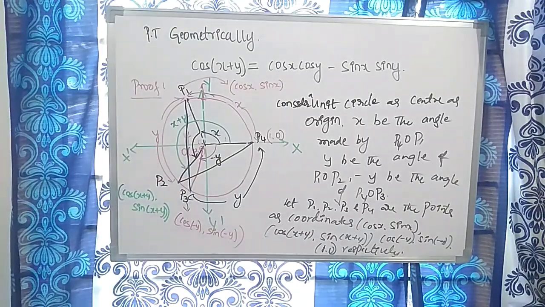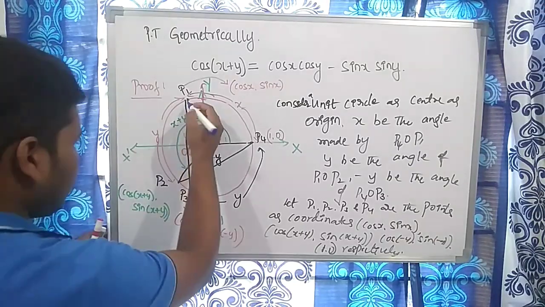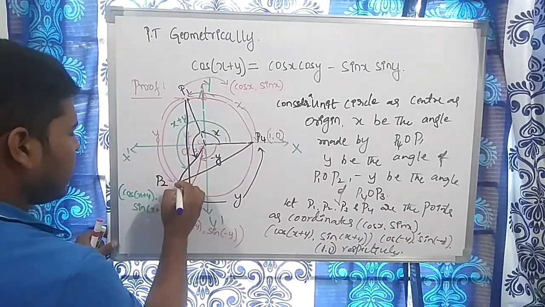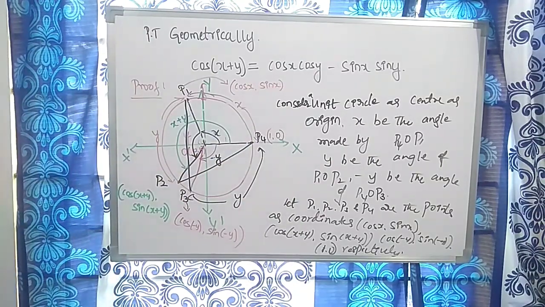These are the corresponding points, the vertices. It is about the construction. Then last step is join P1 P3 and P2 P4.